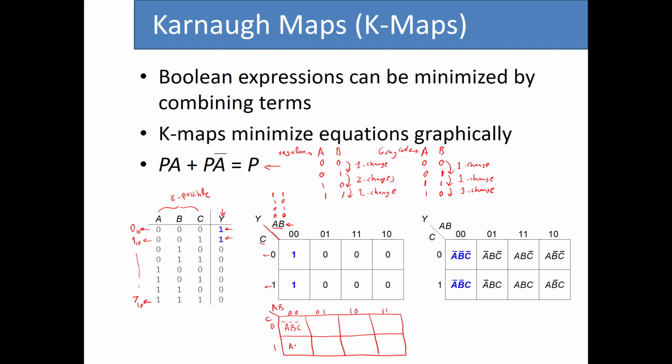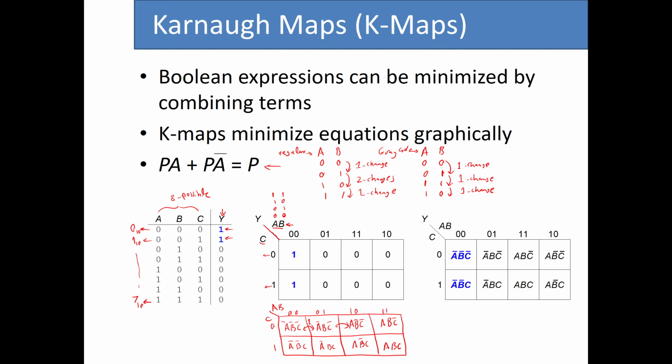For this one, we have A bar, B bar, C. For this one, we have A bar, B, C bar, and then A bar, B, C. For this one, we have A, B bar, C bar, and then A, B bar, C. And finally, for the last one, we have A, B, C bar, and then A, B, and C. So as you can see, from this one to this one, we only have one change.